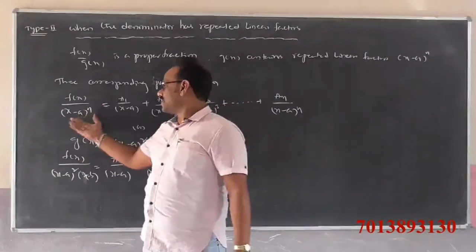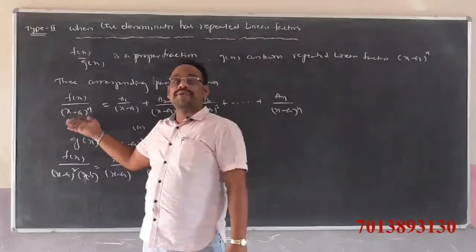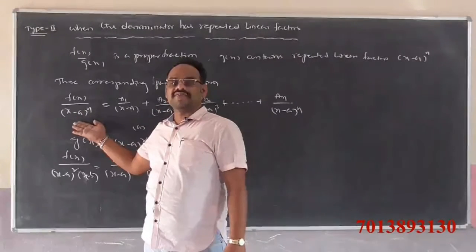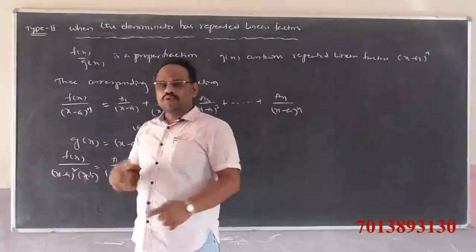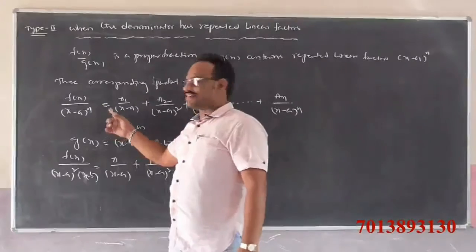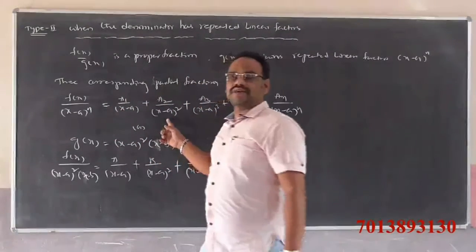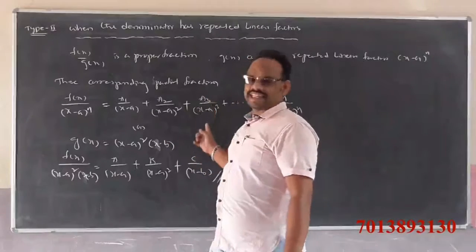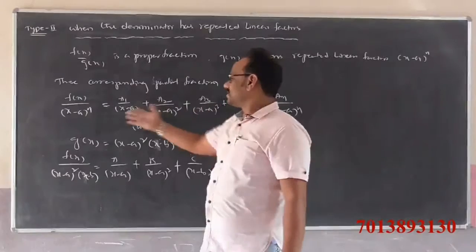Observe here, the denominator contains repeated linear factors. This type of proper fraction can be written as a1 by x minus a, a2 by x minus a whole square, plus a3 by x minus a whole cube, and so on, an by x minus a whole to the power n.